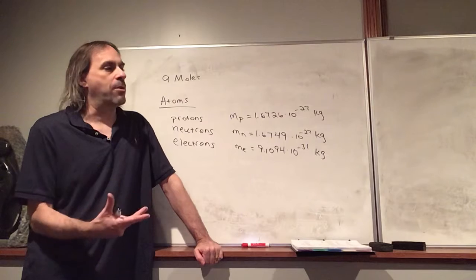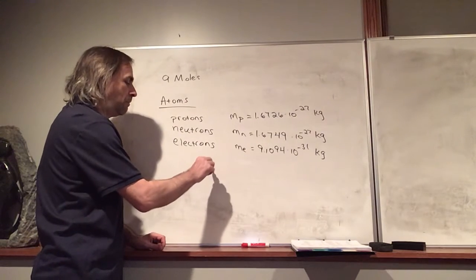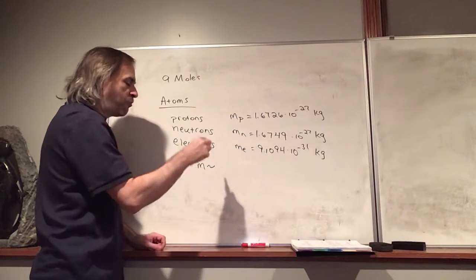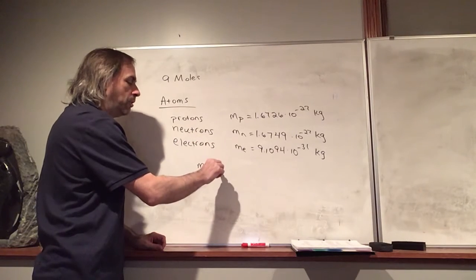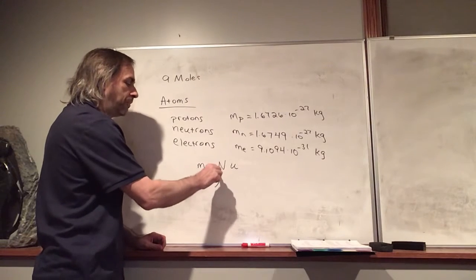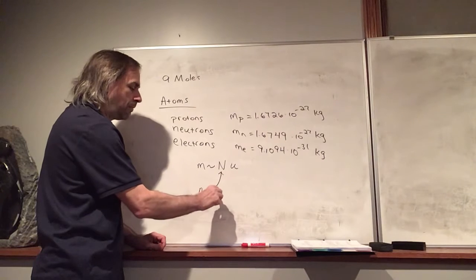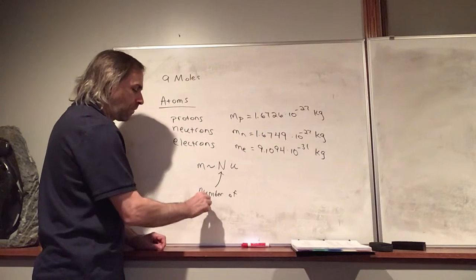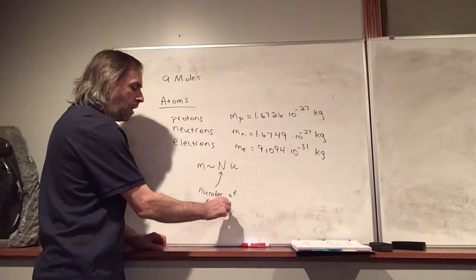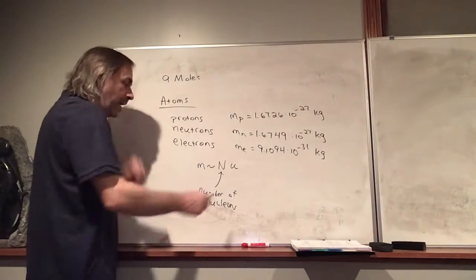To a round number, the mass of an atom is approximately equal to N times U, where N is the number of nucleons. Nucleons are the protons and neutrons. They exist in the nucleus of the atom.